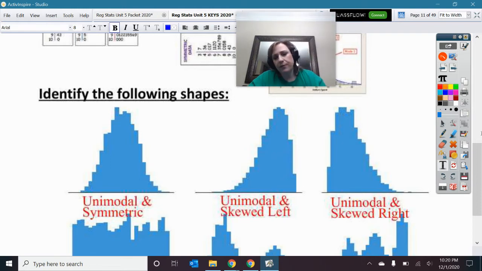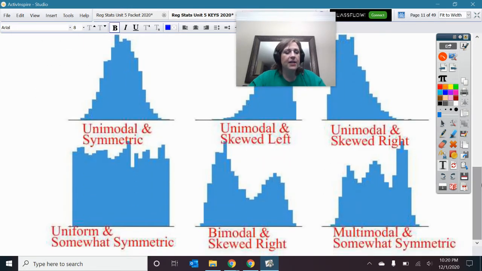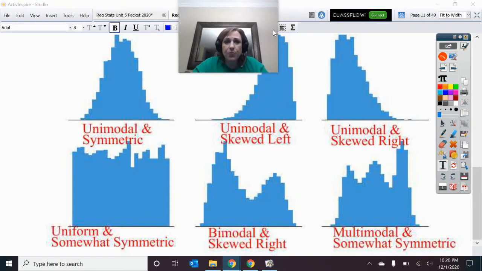This is like your right foot, so it's skewed right. Now, down here, see, this isn't perfect. It's not perfect all the way straight across, but it's pretty close to being perfect all the way straight across. So that's uniform. There's not any real clear mode. Uniform, somewhat symmetric, I guess.